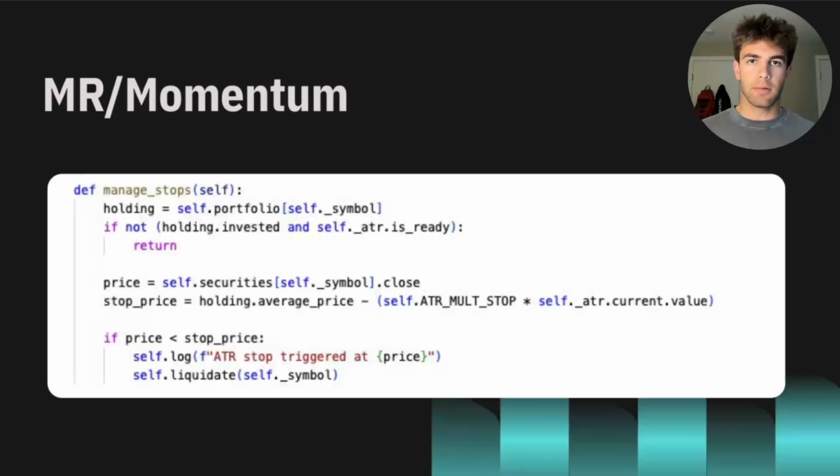So I previously outlined some of the exit conditions for the momentum and mean reversion parts of the strategy. There's also a volatility-based safety net for exits and for stops, as shown here. It's based on ATR, a measure of volatility, and if price breaks a certain multiple of ATR, then the position is exited.